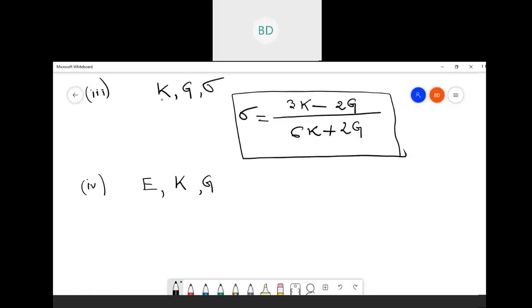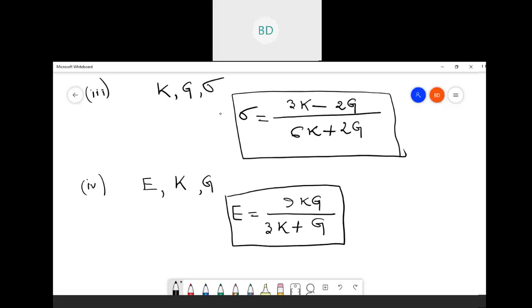So the basic thing is the relation between K, G and sigma, you should remember this, and if it is in some simplified form, you have to tackle that. The basic relation is E is equal to 9KG by 3K plus G. So these four formulas are very important.